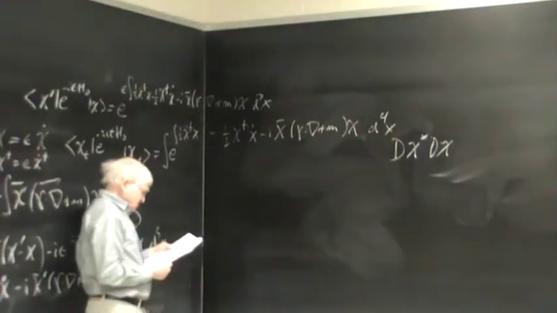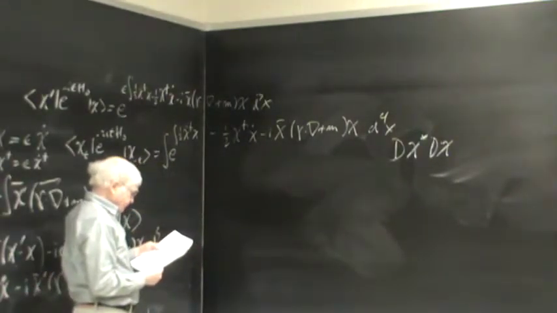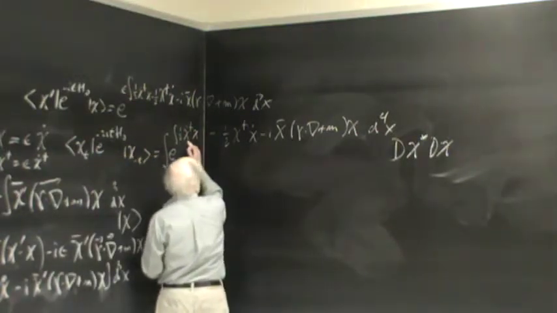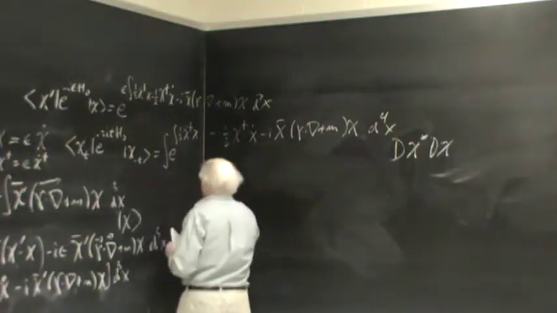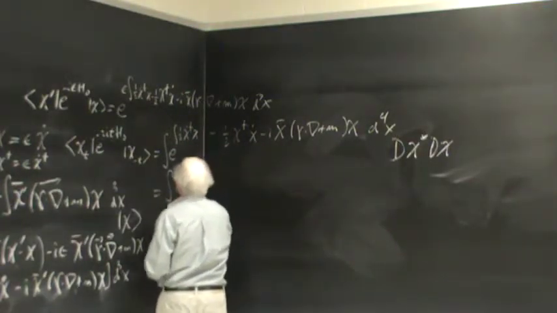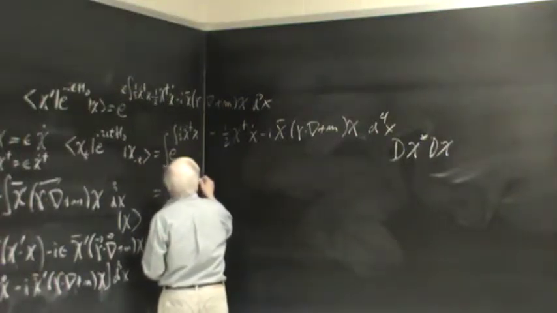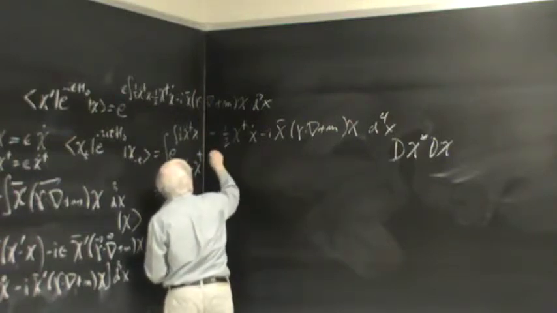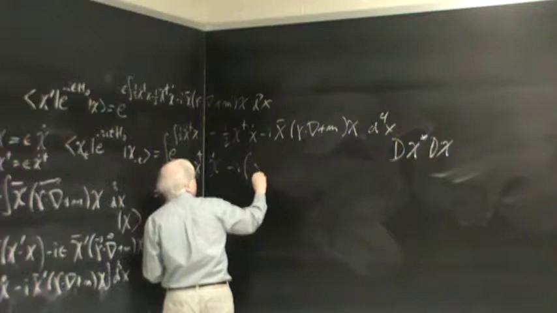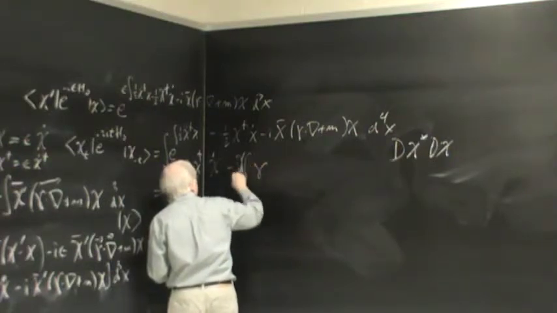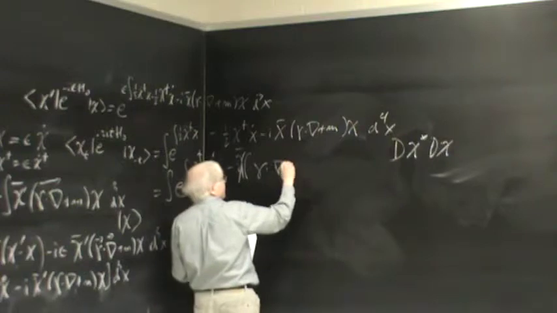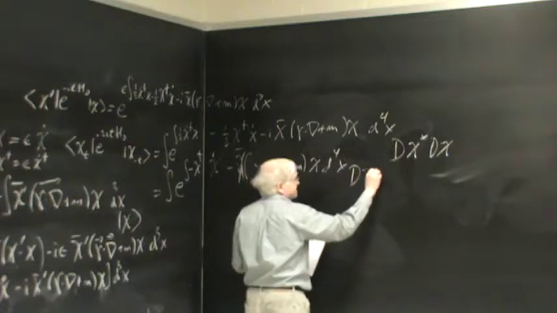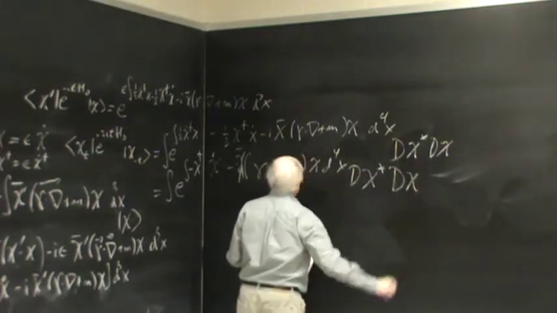Okay, so that's the expression, and if we integrate this by parts, drop the surface term, we just get integral e to the integral minus chi dagger chi dot minus I, whoops, chi bar gamma dot grad plus m chi d fourth x d chi star d chi.